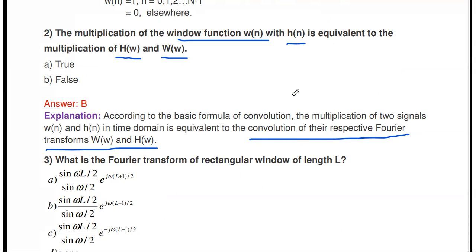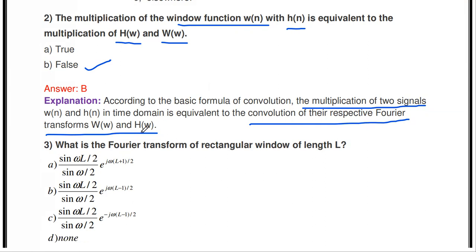According to the convolution theorem, in the DTFT, multiplying two signals in the time domain transforms into convolution of their individual Fourier transforms. Here they mention it as multiplication of their Fourier transforms, so this is a false statement. If it said convolution instead of multiplication, it would be correct.